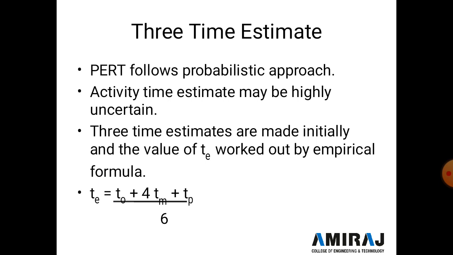From the examples you get a very good idea about the CPM network and PERT network. Also, one of the important questions asked in the exam is to write the difference between the CPM and PERT network. Clear? Thank you.